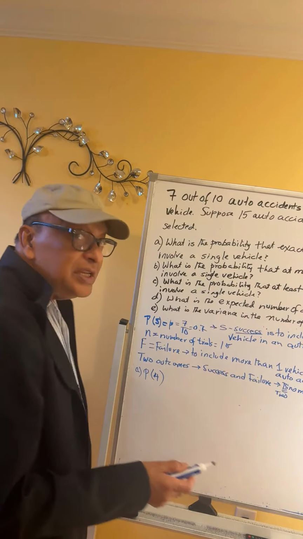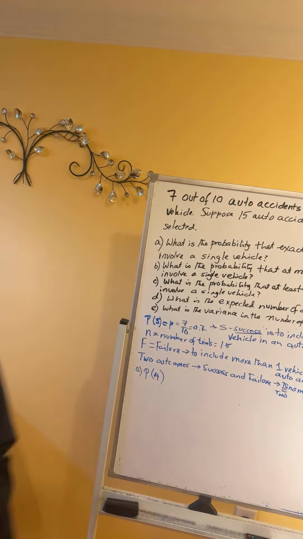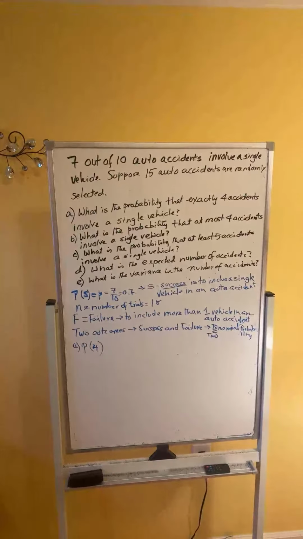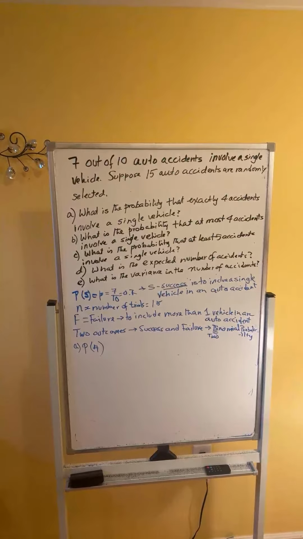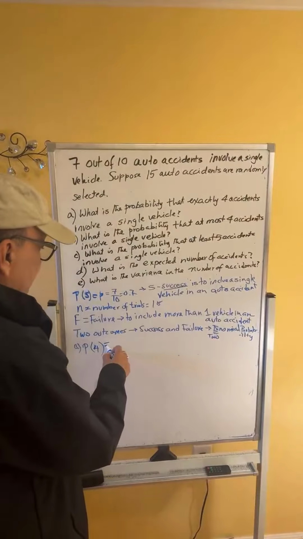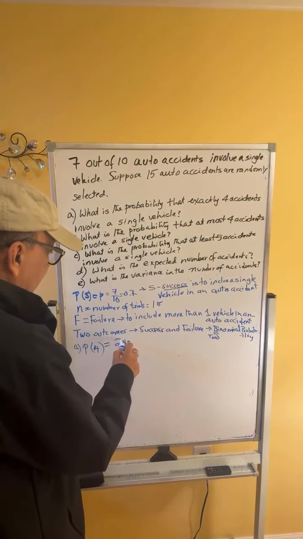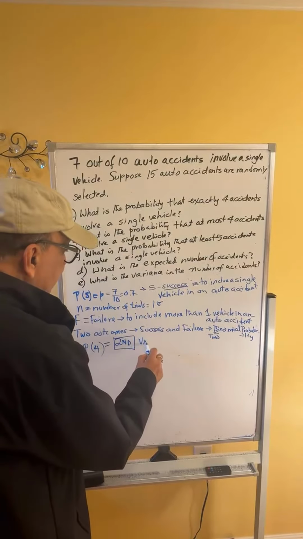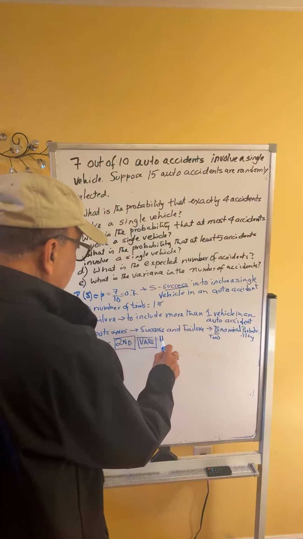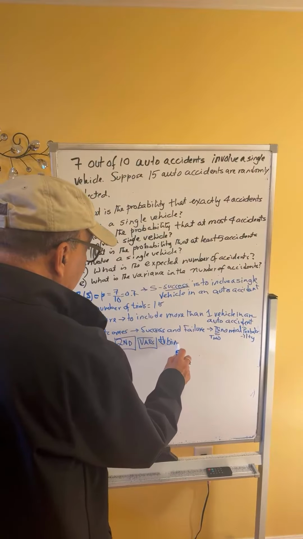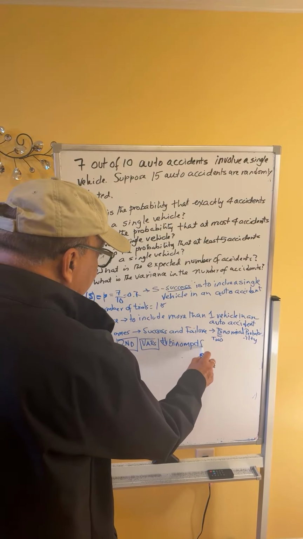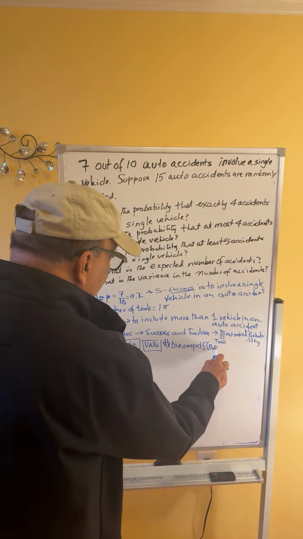And this is the binomial PDF function in the calculator, which is obtained by pressing the second button, then the VARS button, which is in the third row, and then we scroll down to binomial PDF when we want to find exactly 4. The order is N, P, and X.